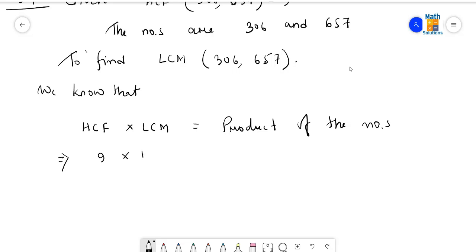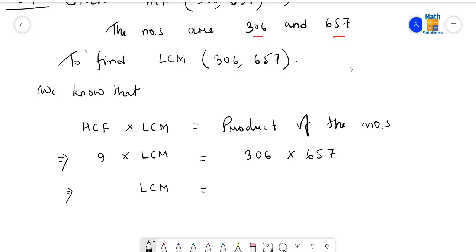And LCM is unknown to us. So product of the two numbers, the given numbers are 306 and 657. So here in this case what do I have to write? 306 into 657.